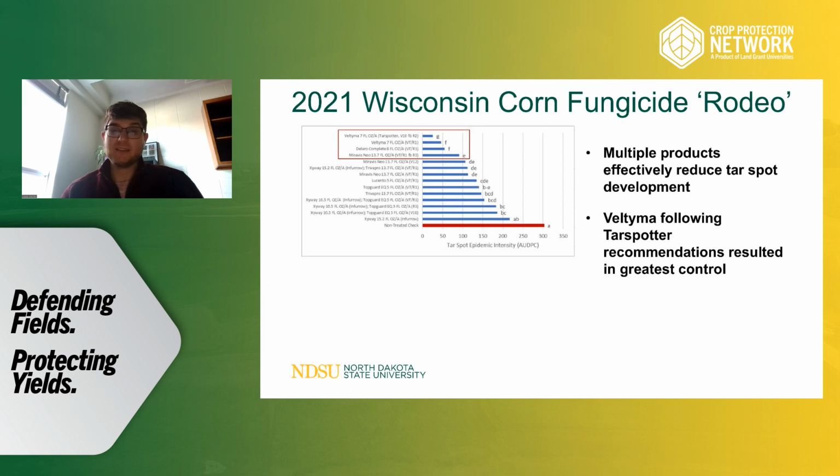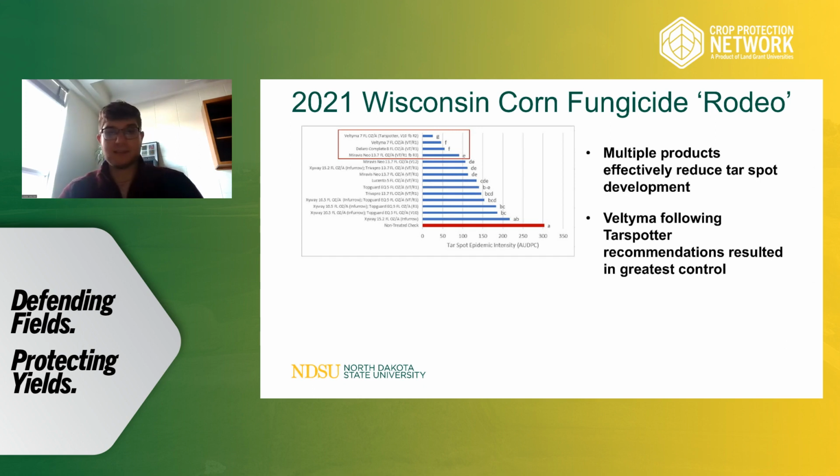But as we go to the end of the season here, we see that this blue bar or blue line on the very top indicates the non-treated, indicating disease severity greater than 35%, which is leading to premature drying down. But if we look on this very low gray bar here on the right-hand side, we do see that's the Veltima using our Tar Spotter recommendations with ear leaf severity ratings of less than 5%. Okay, so this is incredibly promising to see.